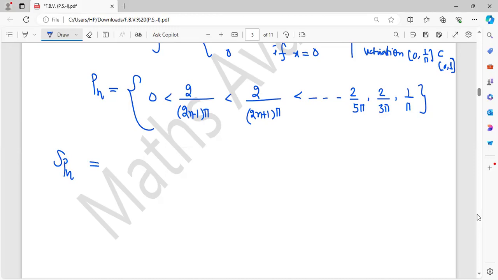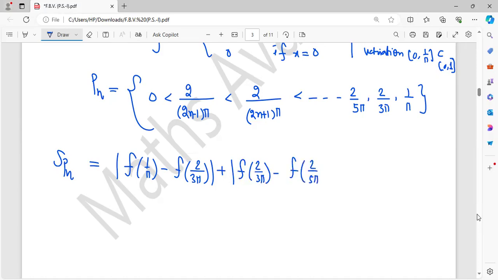This is |f(1/π) - f(2/(3π))| + |f(2/(3π)) - f(2/(5π))| + ... + f(2/((2n+1)π)). So it is 2n+1 here. Okay.